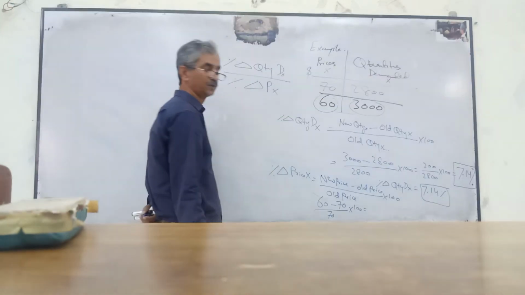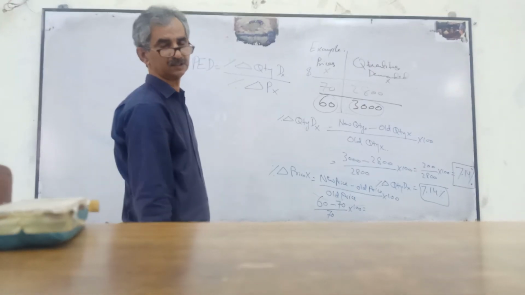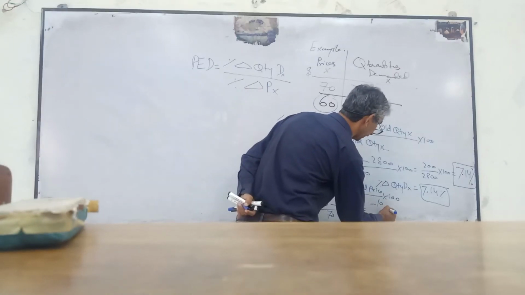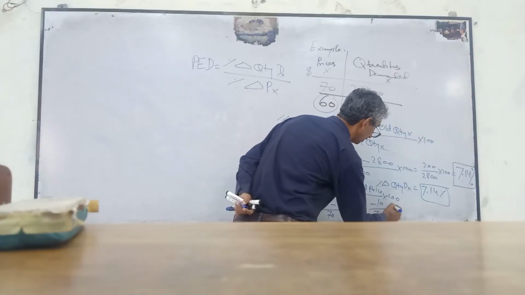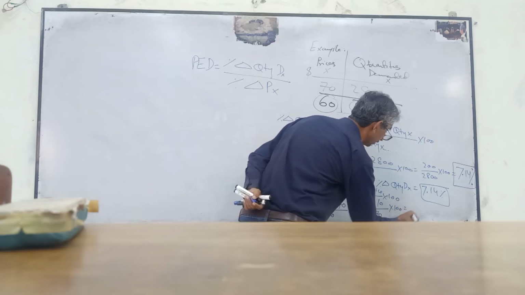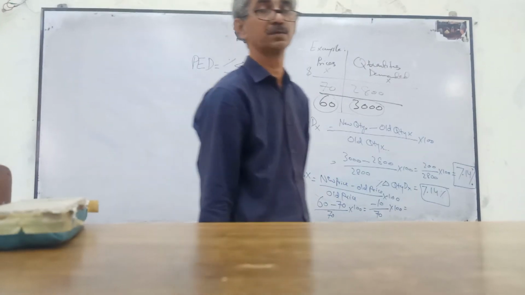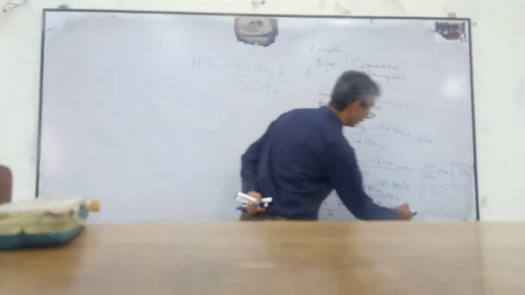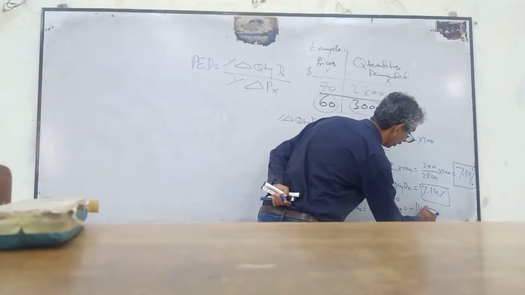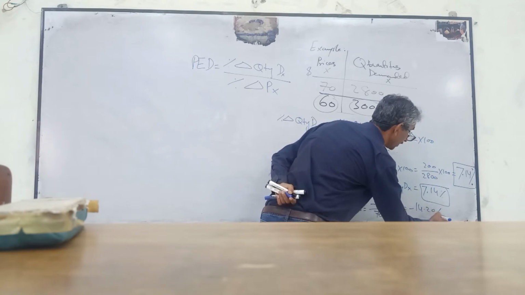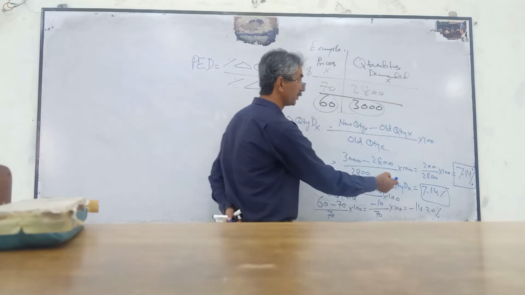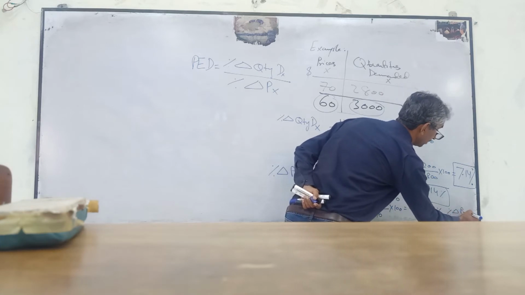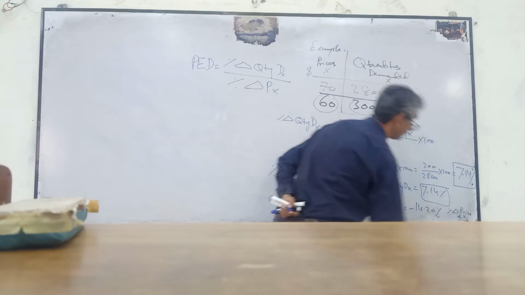We multiply by 100 just to convert the figures into percentages. So minus 10 divided by 70 into 100 gives us almost minus 14.20 percent. This is the percentage change in price of X.